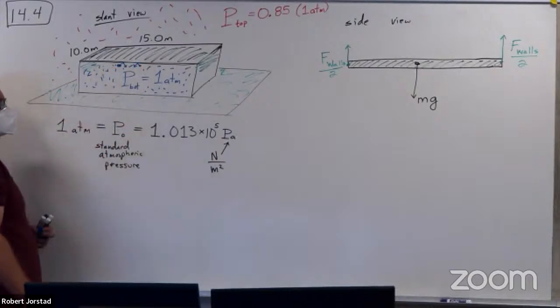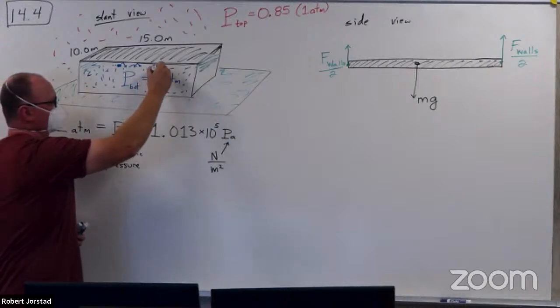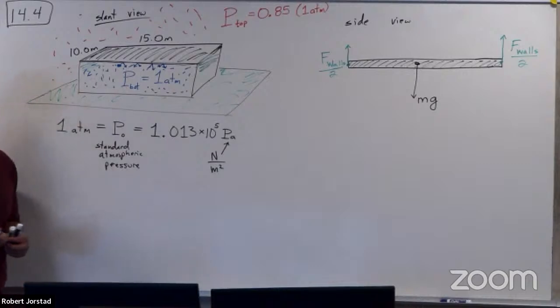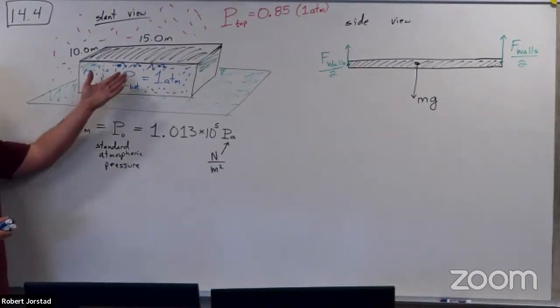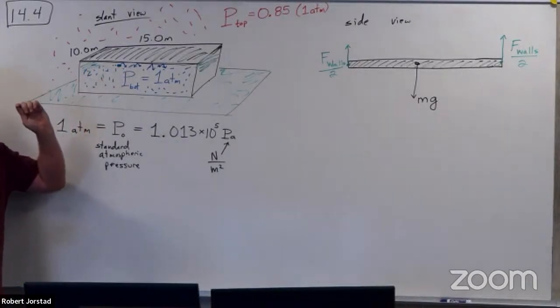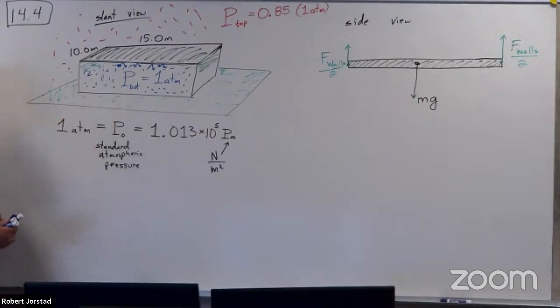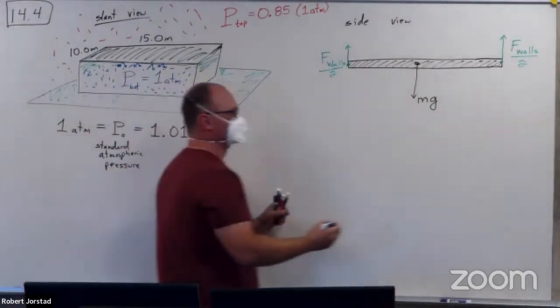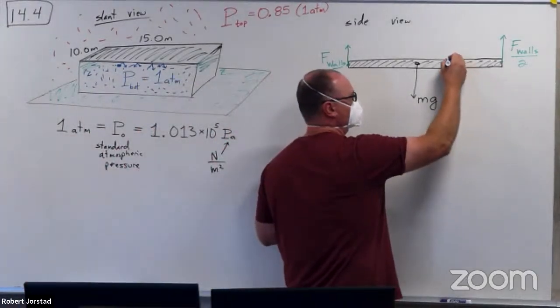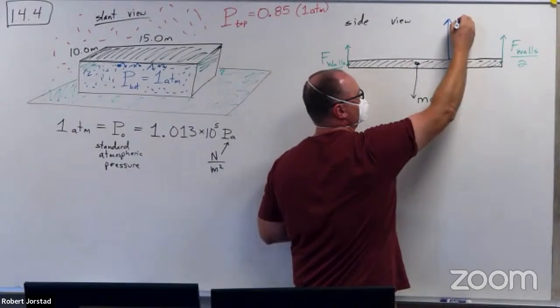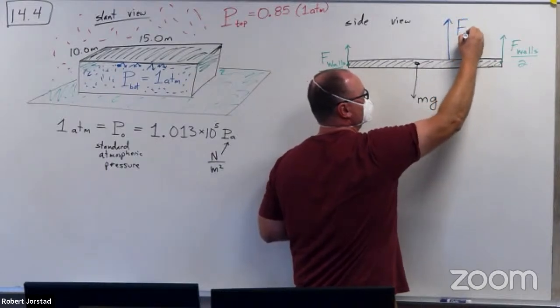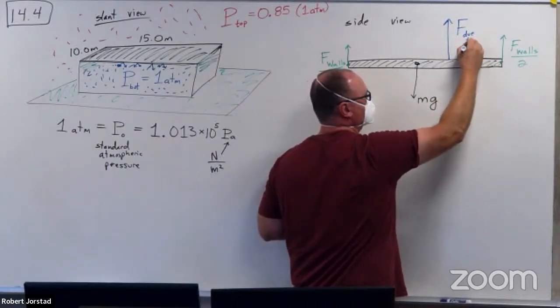Every time one of these molecules hits the roof and is reflected downwards, there's a small force. Agreed? If we add up those forces, it relates to the pressure. So there's a pressure upwards, and there's a force due to P bottom.